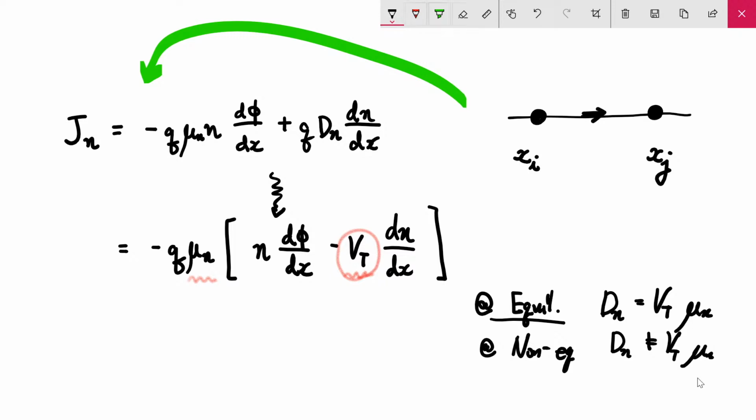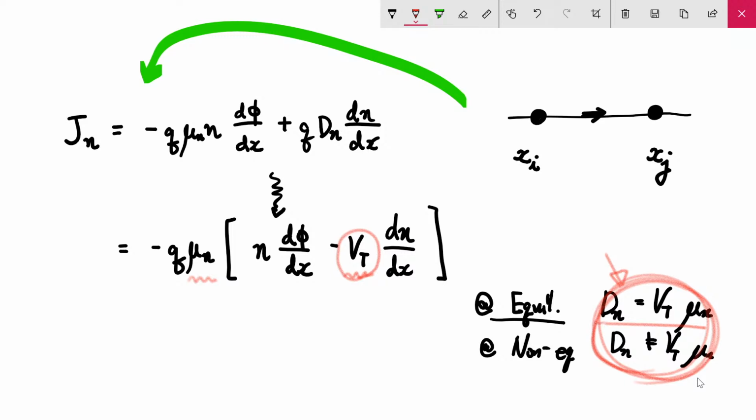But you know that this assumption has been the root cause of many transport models in the semiconductor industry, because once we accept this, we are restricting ourselves to situations quite close to equilibrium.